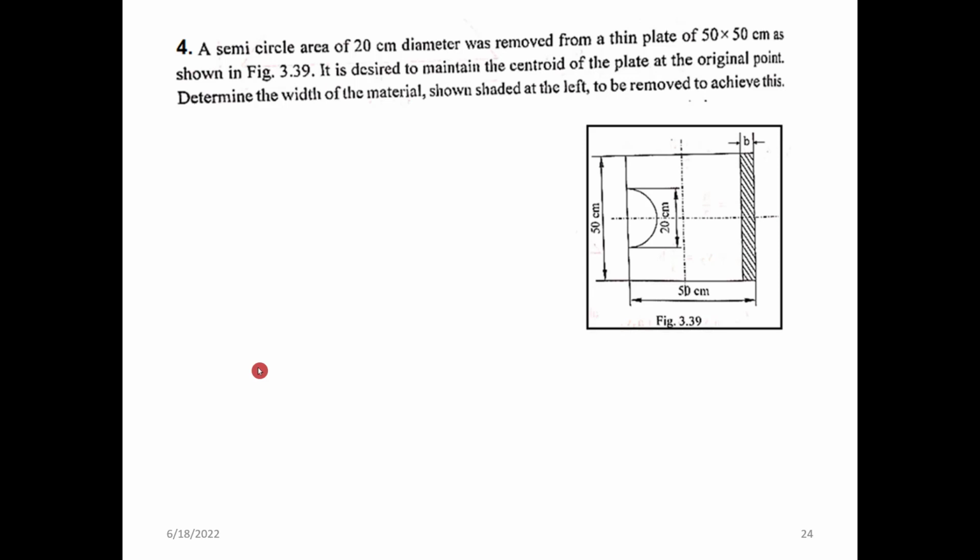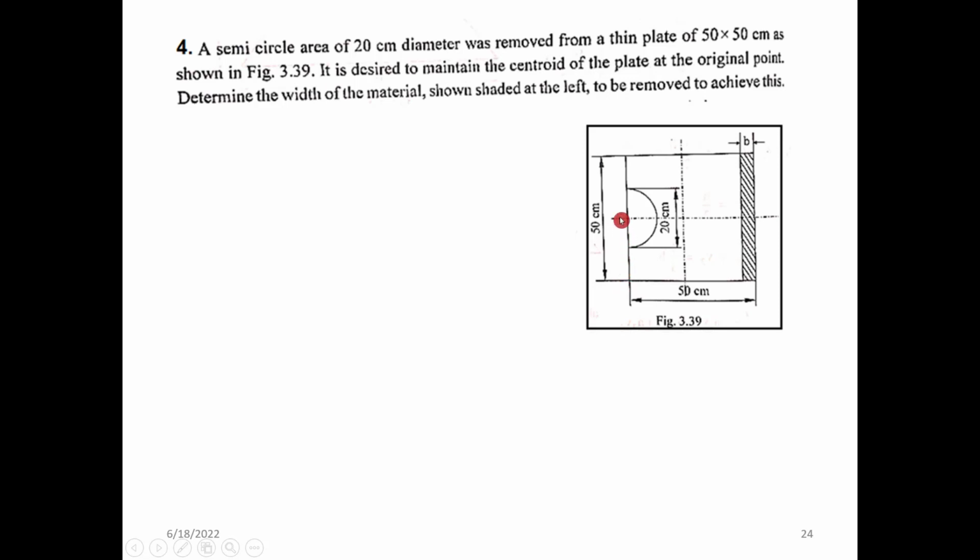The next problem is given in a twisted way, which makes us think about the problem. So the question is: a semicircle area of 20 centimeter diameter. You can see that I will move the cursor.